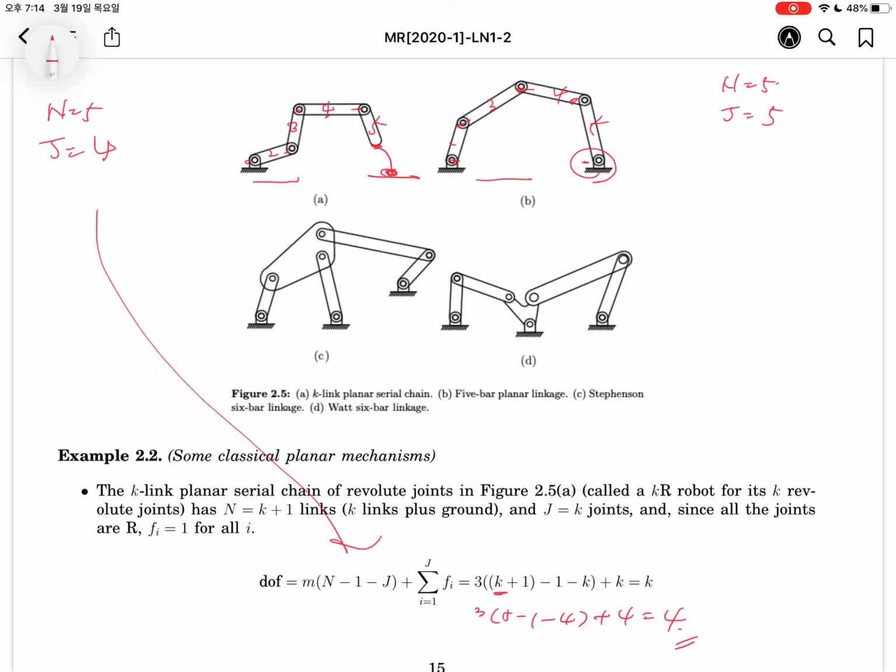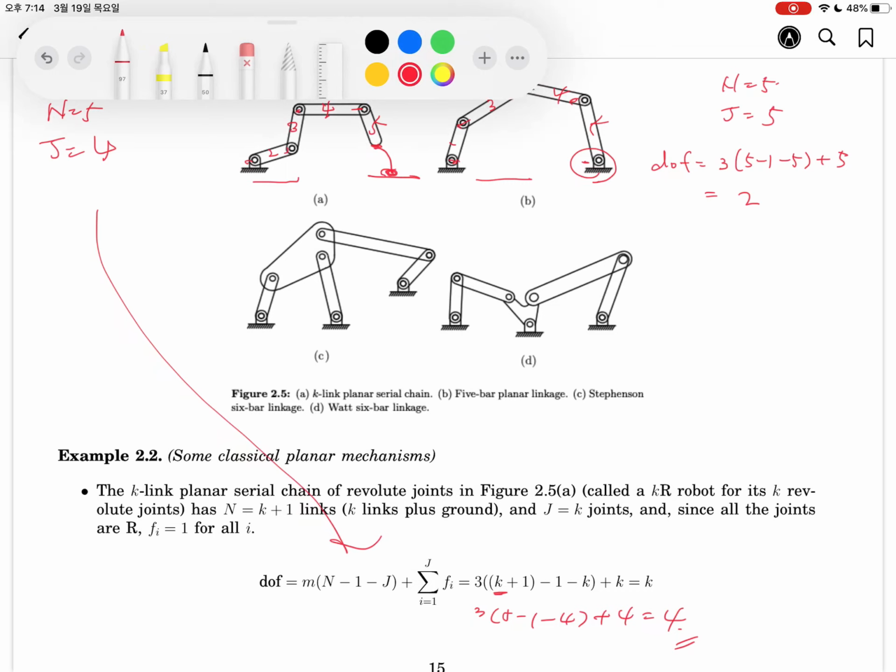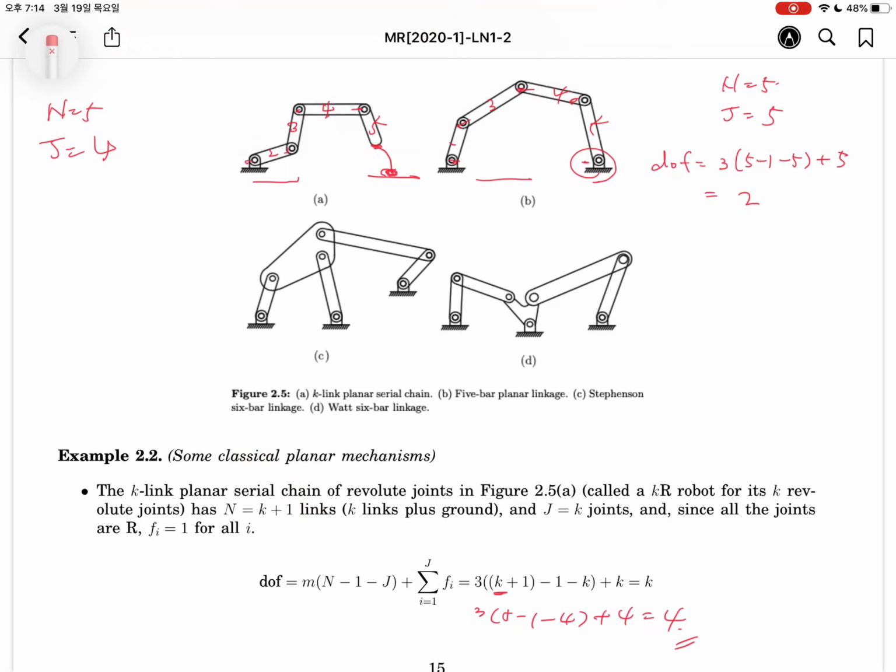This is also 5. Every joint provides 1 degree of freedom. Okay, so the DOF is 3 times 5 minus 1 minus 5 plus 5. It provides 2. It means the 5 link mechanism will have 2 degrees of freedom. Okay, it's the correct answer.